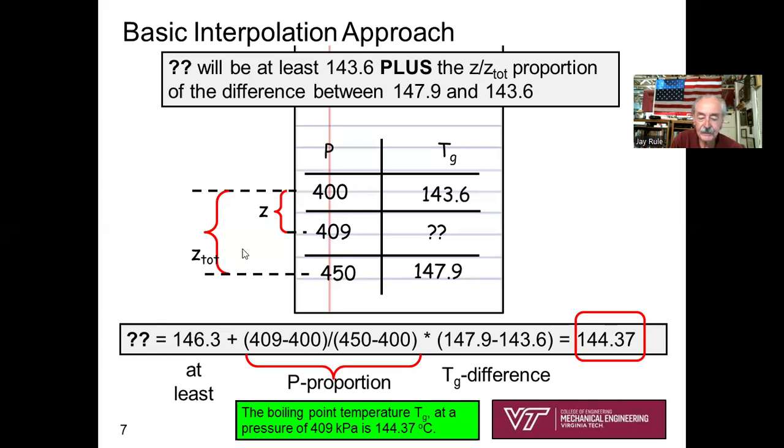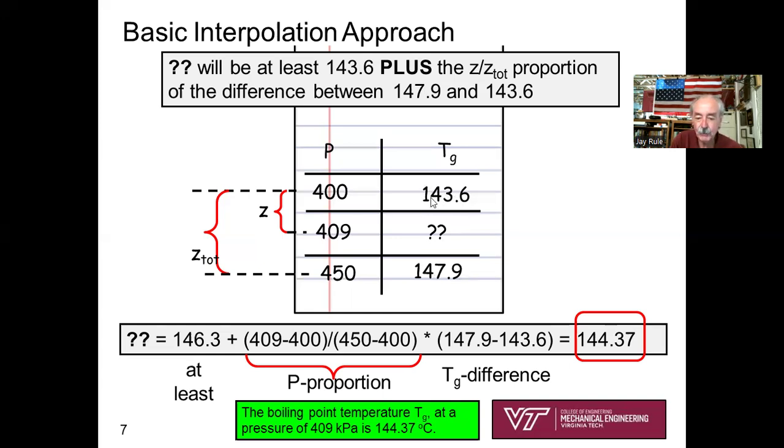And so do you see that there's a proportion here? Z over Z total is 9 over 50. So that's like a proportion, isn't it? The next thing I observe is that I'm trying to use some common sense. Look, TG is going to be at least 143.6. It can't possibly be 147.9, unless P is 450. But anyway, it's going to be some proportion.